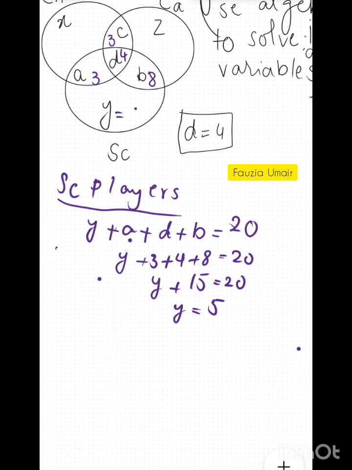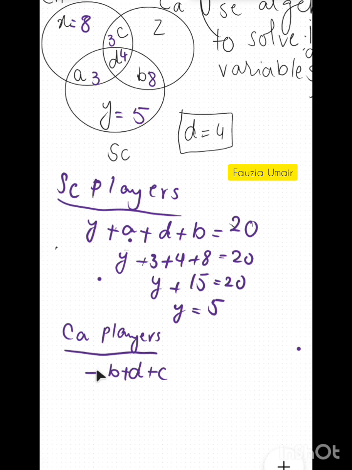So now let's find out the number of students who play only Carom, which is Z. So let's make an equation for Z. Carom players would be equal to, you can see that the total Carom players include Z plus B plus D plus C, and Z I am writing in the start, is equal to, it's also given in the question, that the total Carom players are 27.